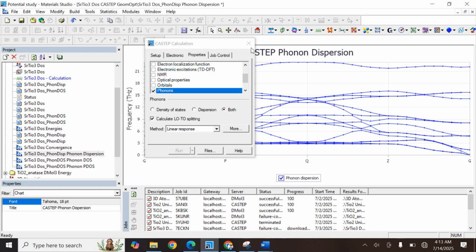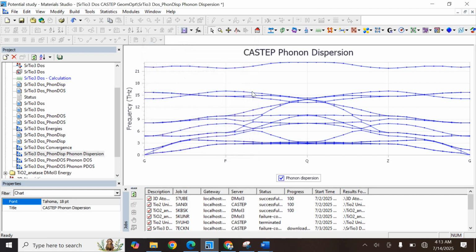To summarize the lecture, phonon dispersion and DOS calculations are essential to check the stability and thermal behavior of materials. In this lecture, we understood what these concepts mean, looked at real results for SrTiO3, and then learned how to set up the entire calculation process using CASTEP and Material Studio.